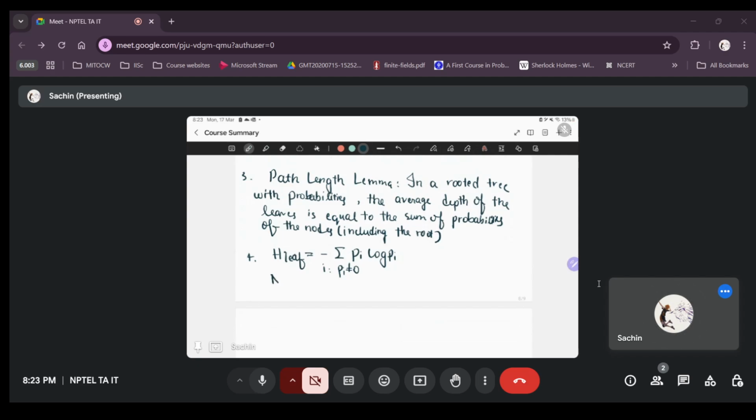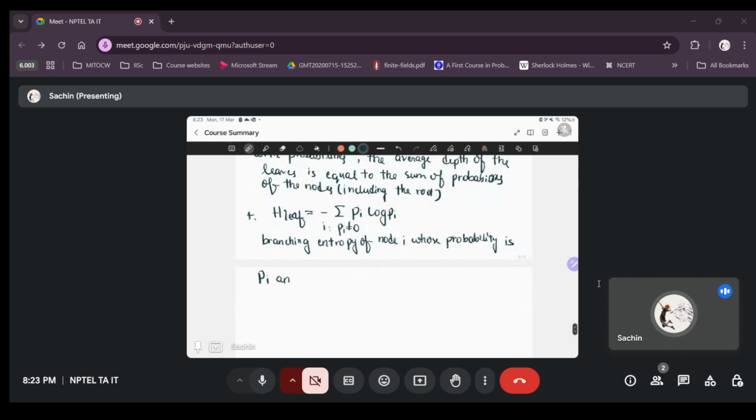Then we have node entropy, or branching entropy, of node i whose probability is Pi and has branching probabilities Qij over Pi, with j from 1 to Li.